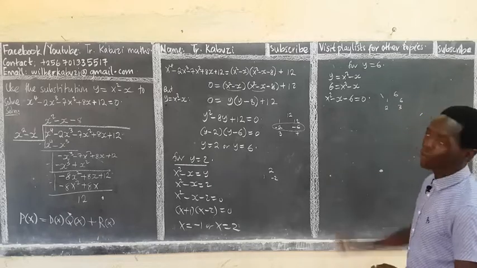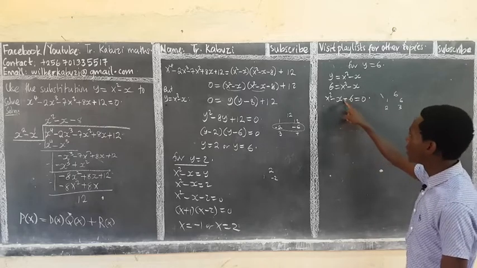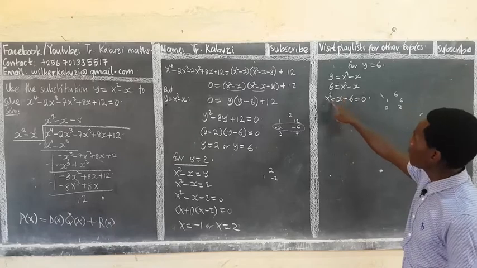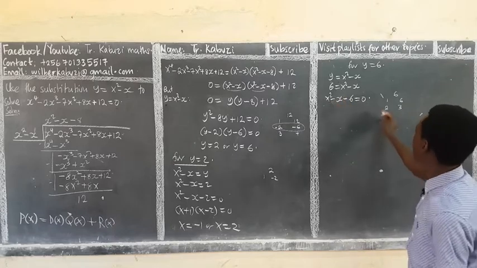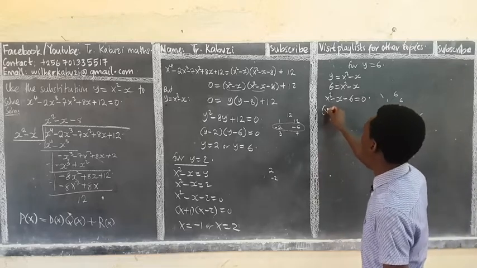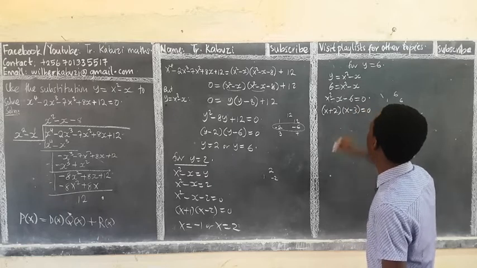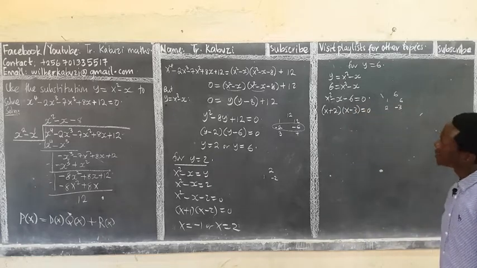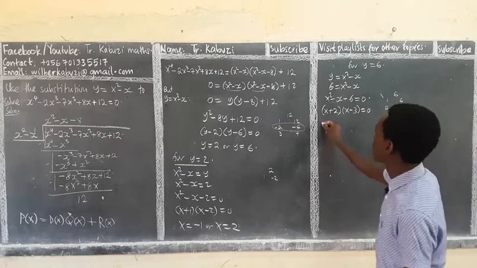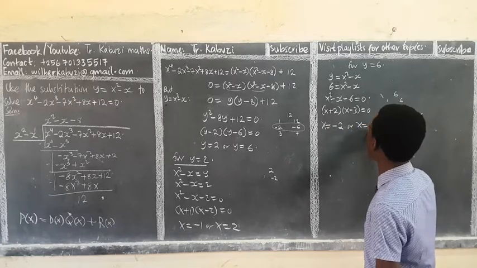You see the difference is 1. Because this is negative, they have different signs. So if this is negative, then the big one has to be negative. So now we can factor this out as x plus 2, then x minus 3 equaling to 0. As simple as that. When you expand this, you come back to that. So here I get my x as negative 2 or my x as 3.